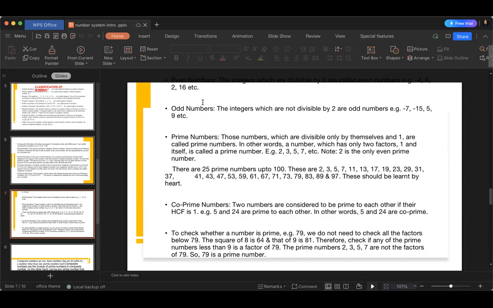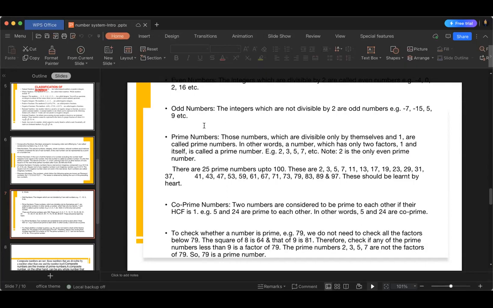Coming to odd numbers, the integers which are not divisible by 2 are known as odd numbers. Examples: 7, 15, 5, minus 9, etc.